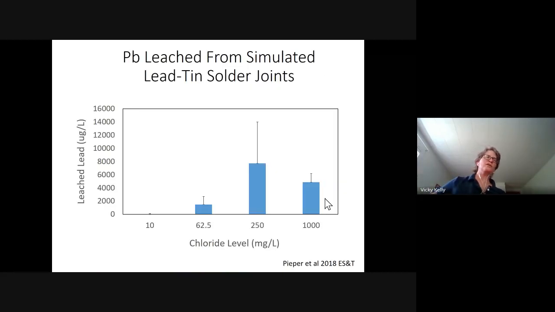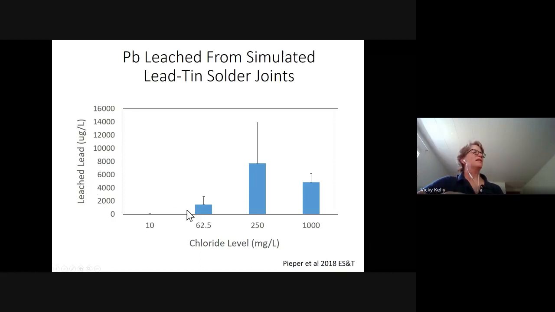But then they asked the question, can lead even be leached from pipes if you have salt in the water? So what they did was they created some simulated lead-tin solder joints, and they put them in beakers full of water that had increasing concentrations of chloride, and they let them soak for a couple days, and then they analyzed the lead concentration.